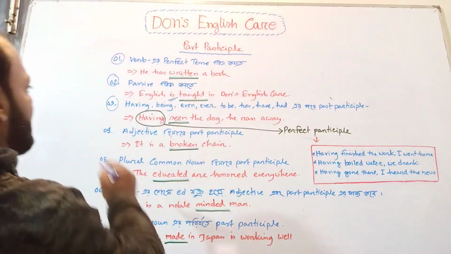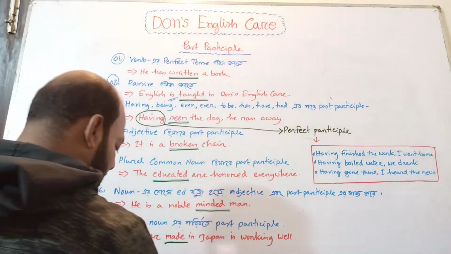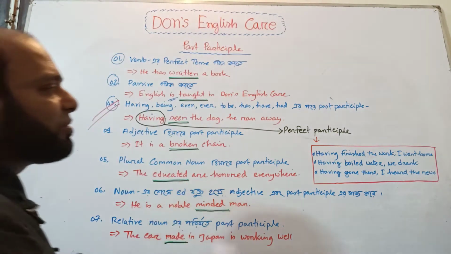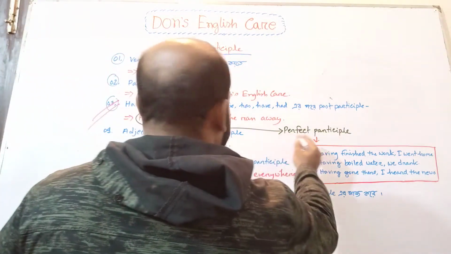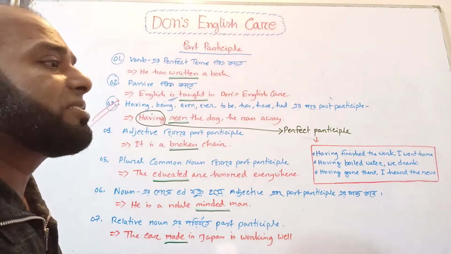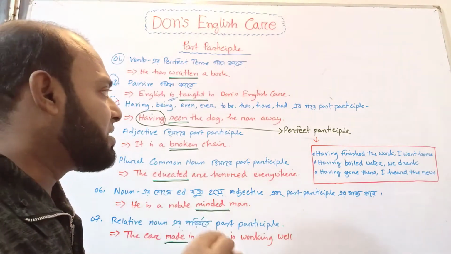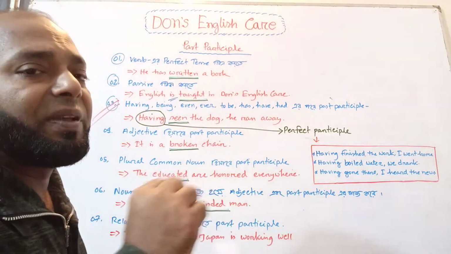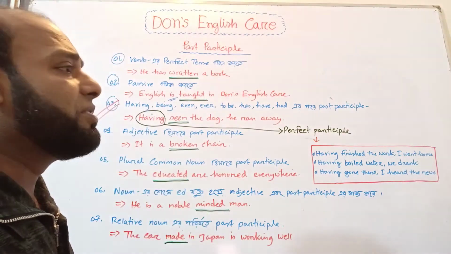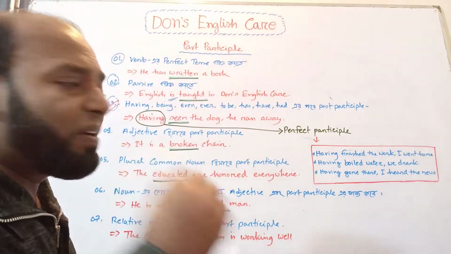Here I would like to teach you a big important class, because I have written perfect participle here. If you see a verb 3 after having, you will understand this is a perfect participle. You can also say past participle here, but exactly, it is perfect participle.